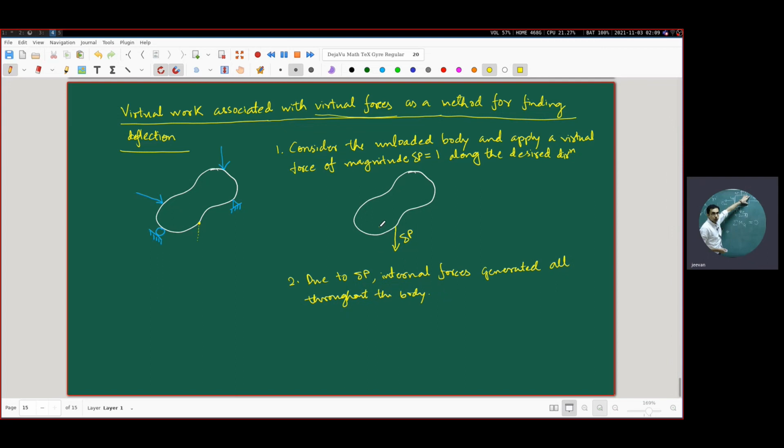If you wish to find the internal force here, here, or anywhere, you can find that out.